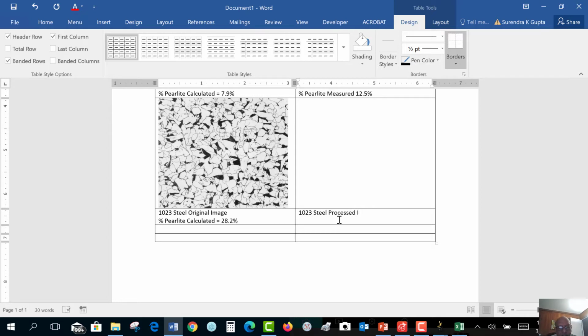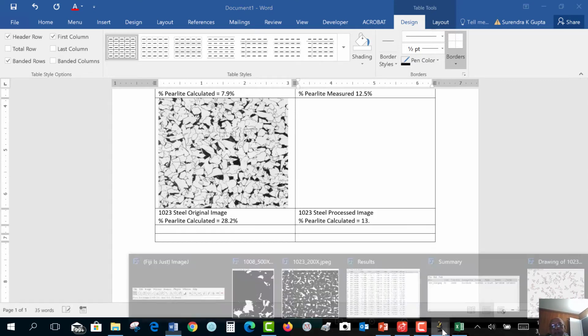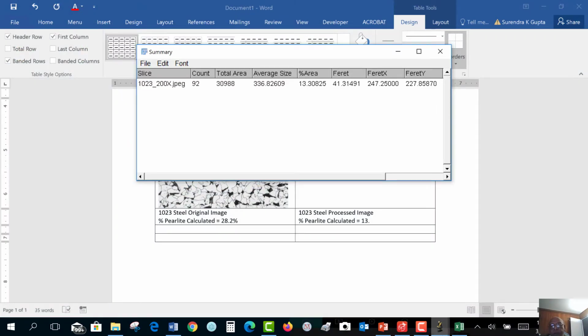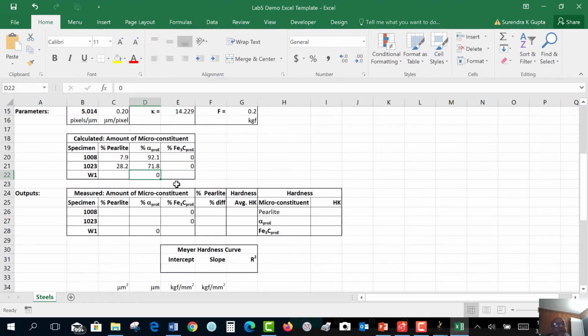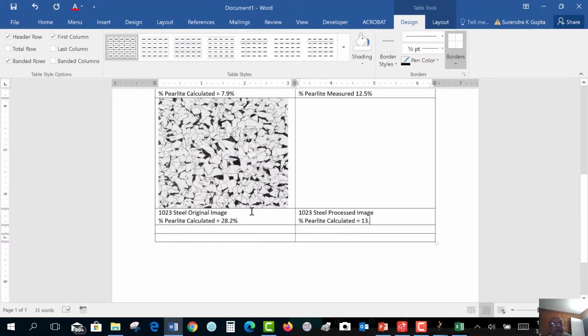So this is our processed image. Percent perlite calculated is 13.3. Okay, let's also enter it from the previous one.